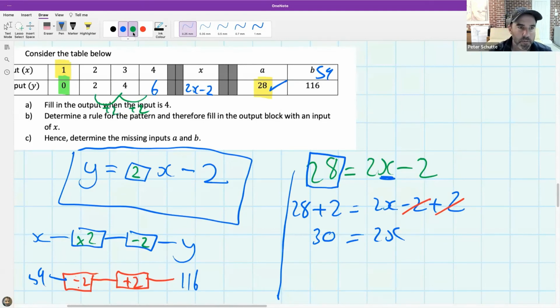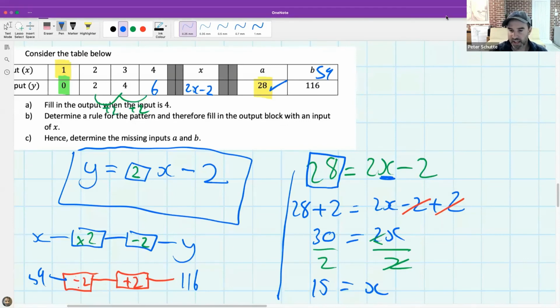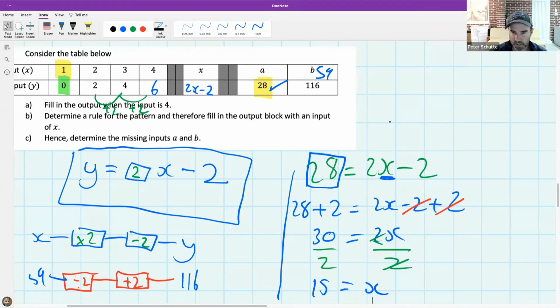In the algebra method, we want to get rid of the 2 next to the X, so we divide by 2. If we divide both sides by 2, we get X is 15. I think most students prefer going backwards, but I just want to show you that the algebraic method with an equation would also work here. We may find in the next session that we will also use that sometimes. I just wanted to throw that in to warm you up.